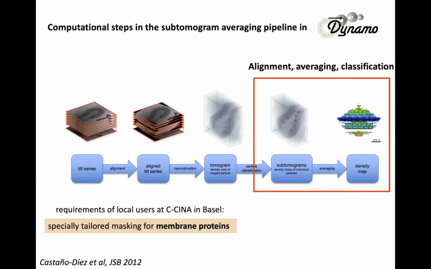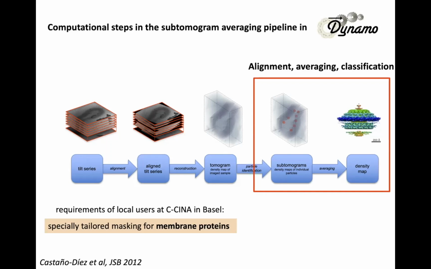In any case, if we go a little bit back, I want to explain the different modules of Dynamo in a separate fashion, and I will start chronologically. Actually, this is the first module that I wrote, in which we assume that our subtomograms have been already located in our tomograms, and it is just a question of aligning and averaging them.